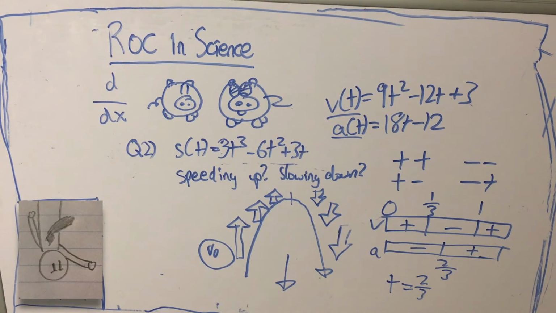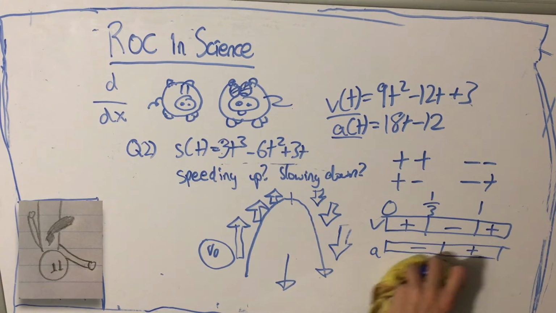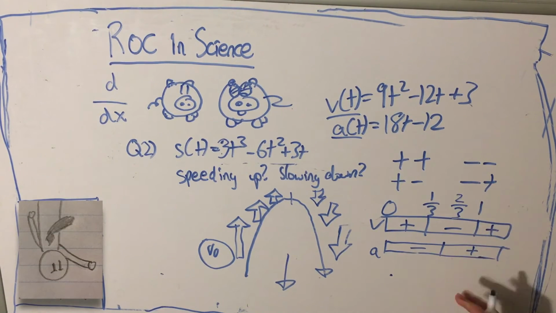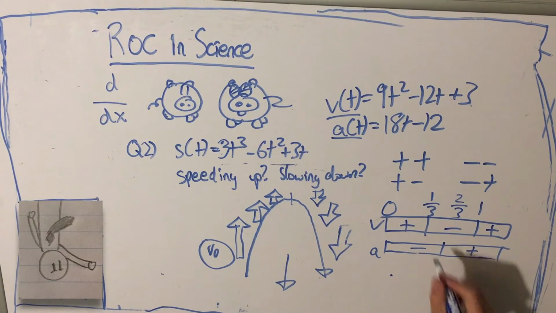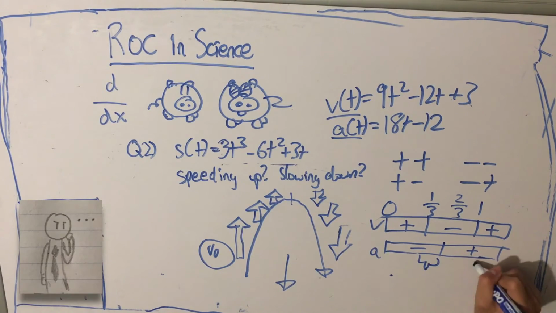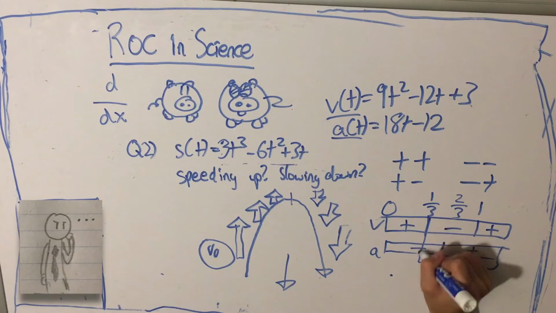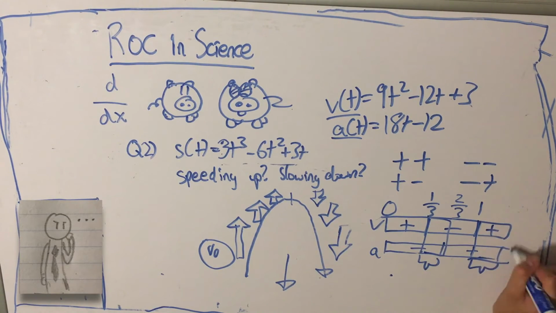With this knowledge and the idea of these differing signs, we can show where this is speeding up and where this is slowing down. Here and here, you can see these are both negative and both positive going onwards.